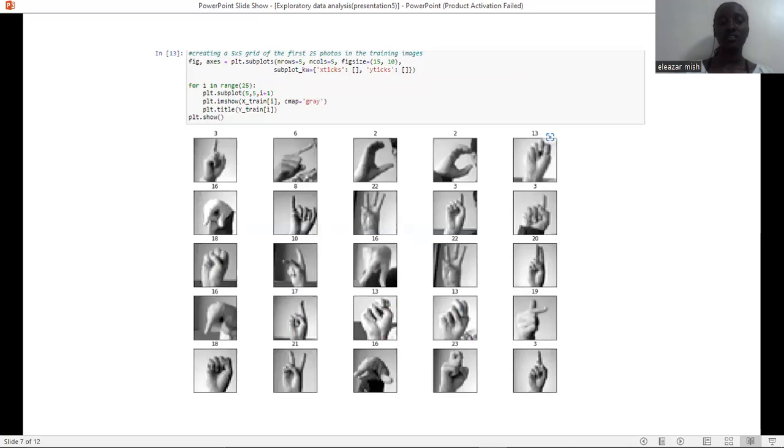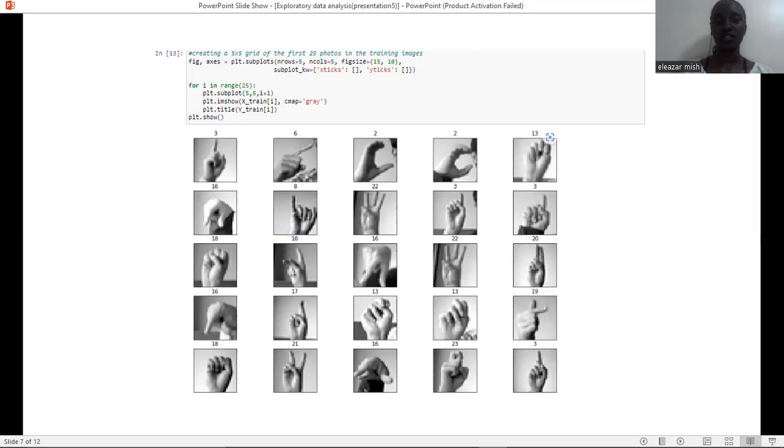So here I created a 5x5 grid for the first 25 images of the numeric data that we saw in the first slide. So these are only 25 images. There are a few numbers and a few letters as well.